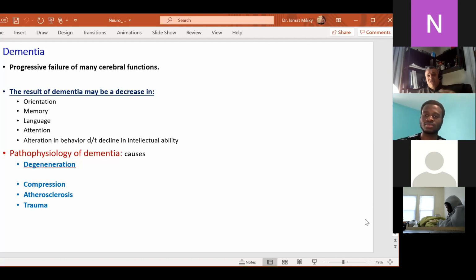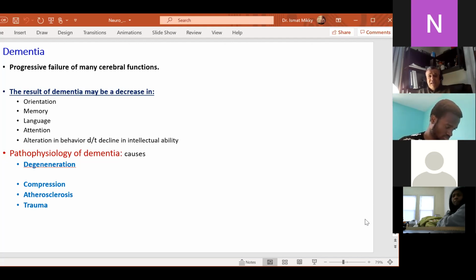Now, the pathophysiology of dementia is one of the complex mechanisms and not fully understood, but we can see that the degenerations that lead to dementia are due to genetic predisposition, which could be diseases like Alzheimer's dementia or Huntington's disease, HD.